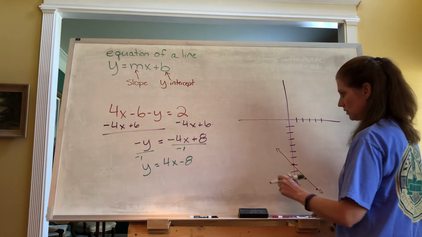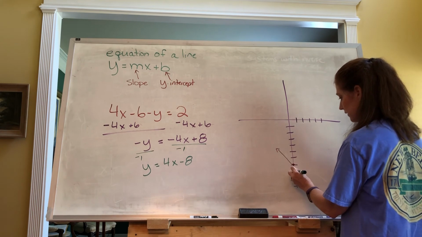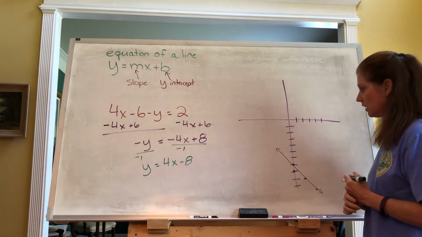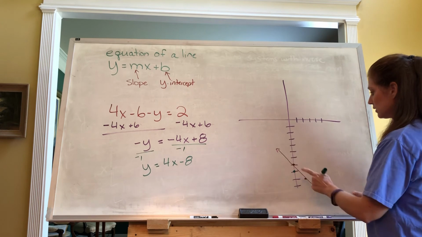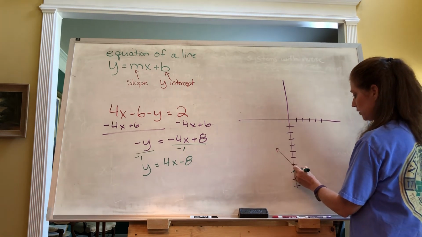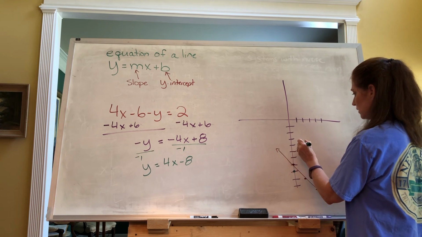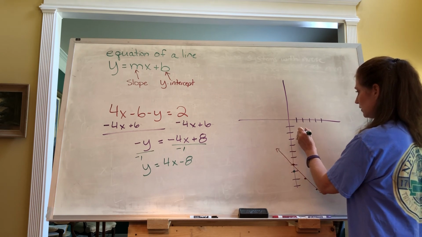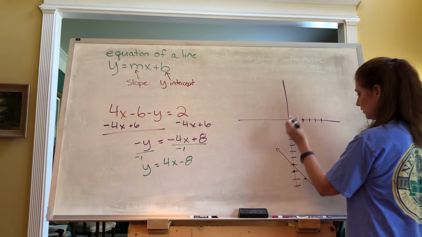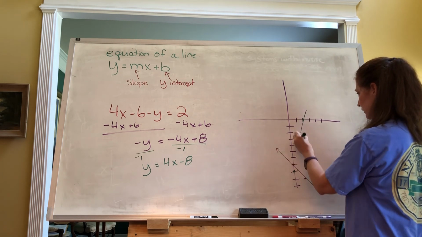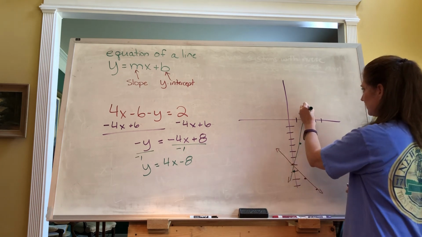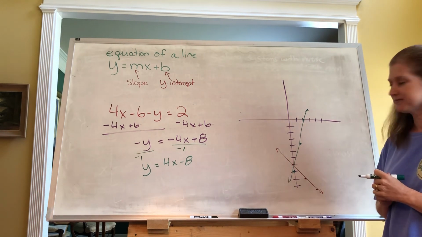This one, we're going to start out at negative 8. Okay, and the slope on here is 4, so we go up 4. Oops, 1, 2, 3, 4, and over 1, and up 4. And over 1. And so we can graph or draw out that line, roughly. There. Okay.